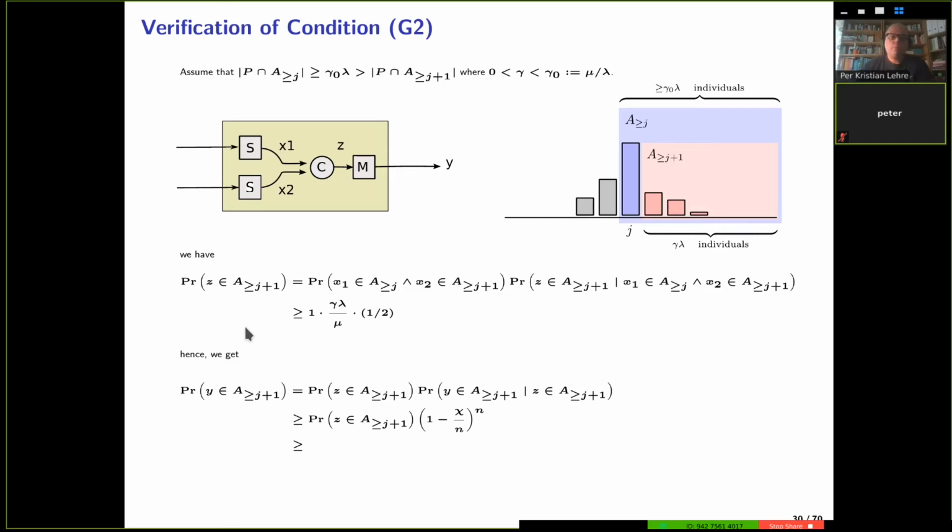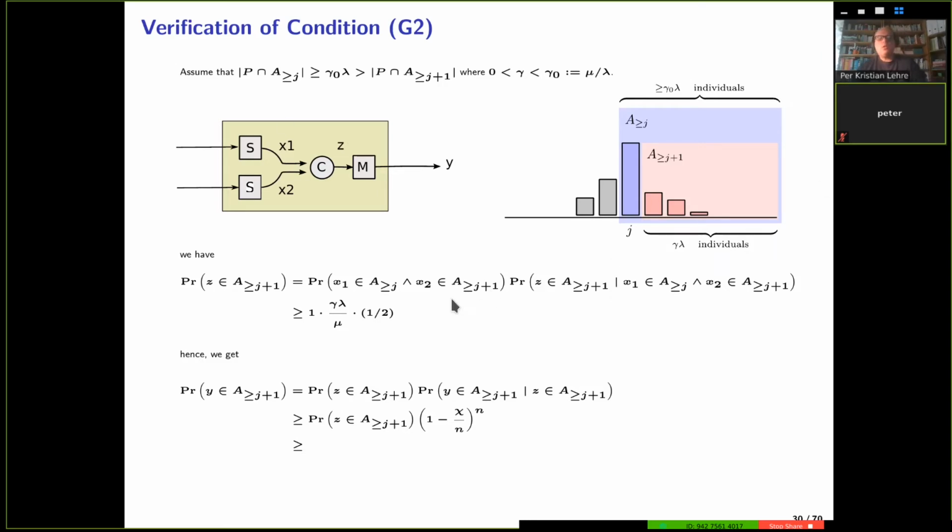Okay, so the probability now, that's z. Let's compute first the probability that the offspring from crossover is in level j plus 1. It's sufficient that first I select an individual in level j, and I select an individual in j plus 1, and then the offspring belongs to level j plus 1.